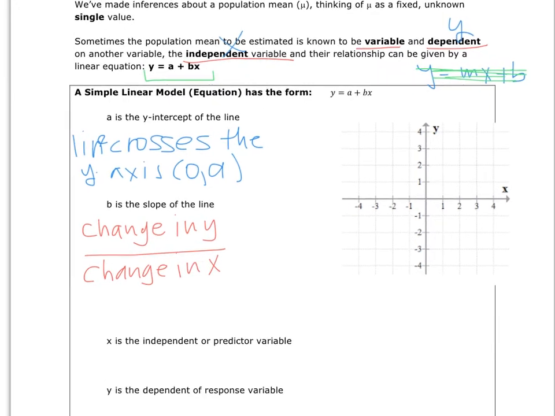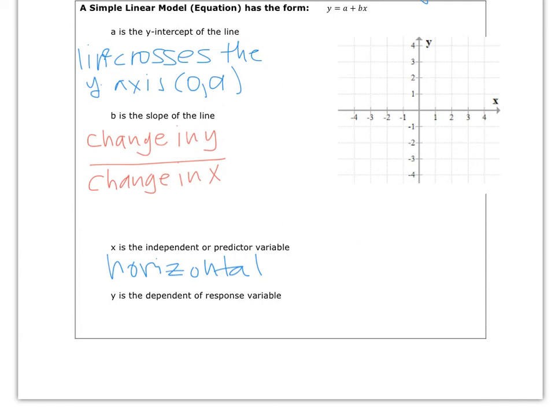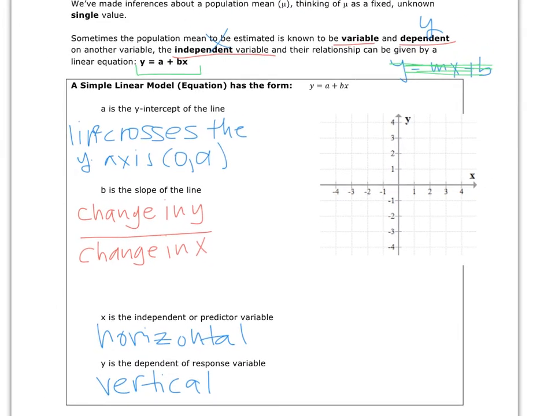And if we look at these two values, x is the independent or predictor variable, and that gets measured along the horizontal axis. And the y, the dependent or response variable, is on the vertical axis. Okay, so we've got x-y axes here.